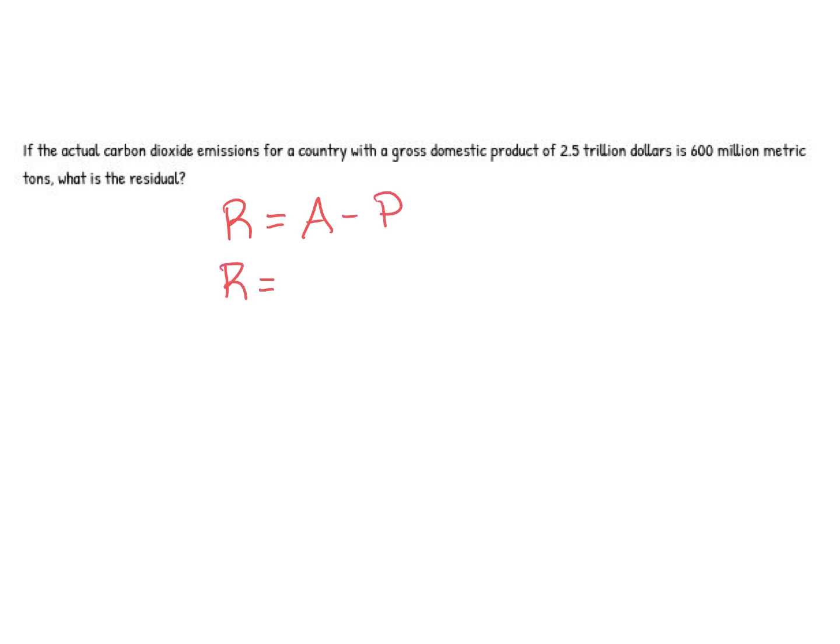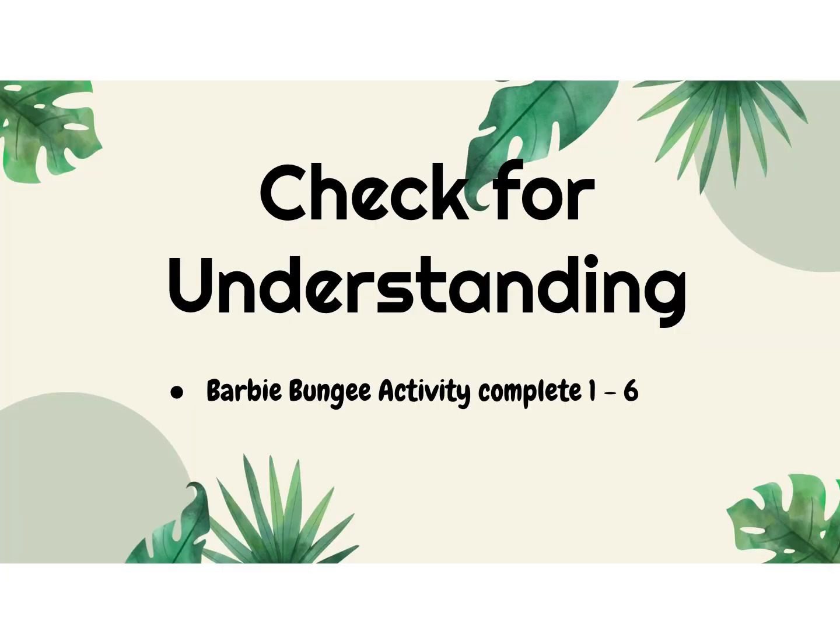So residual for that 2.5 trillion, our actual is that 600 million metric tons, and our predicted, we have that just above from C, 592.669. So if we do that math, our residual would be 7.331.